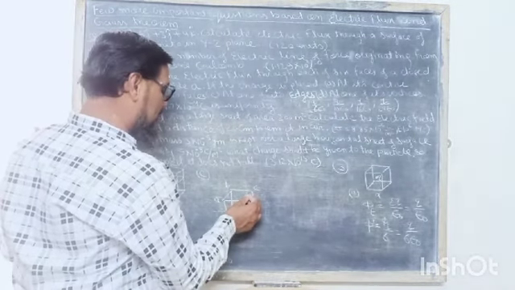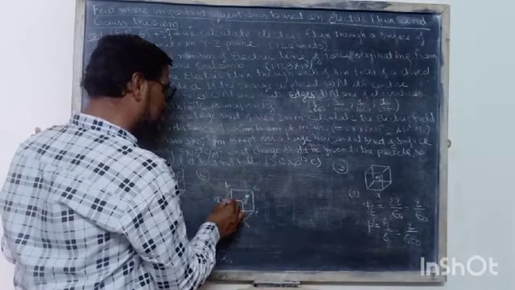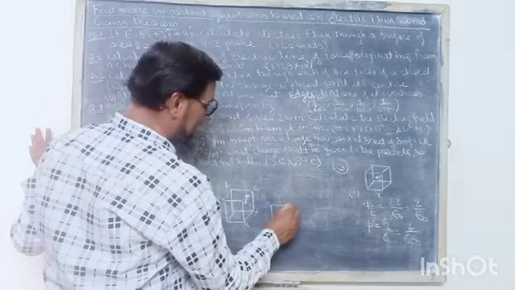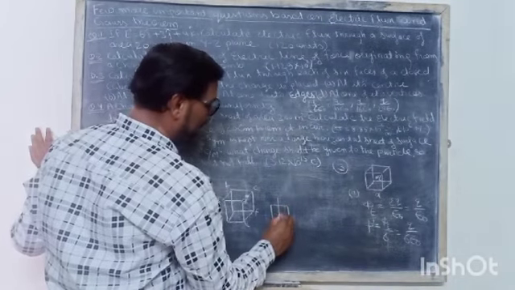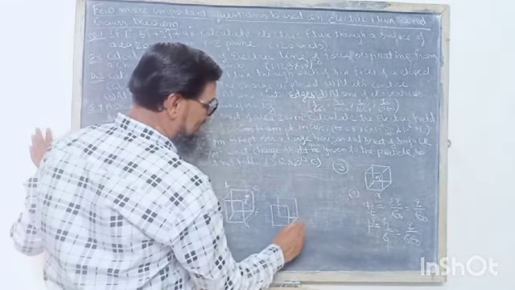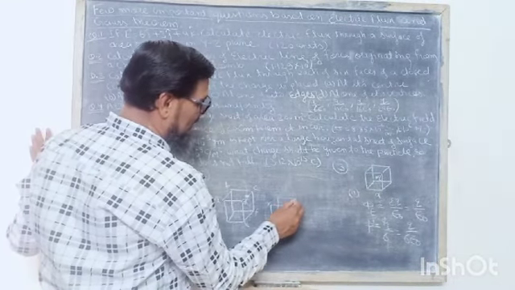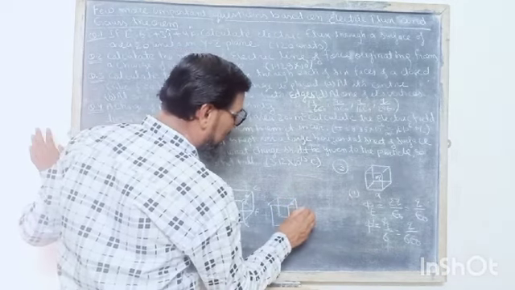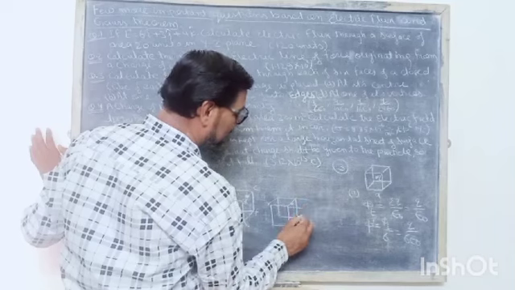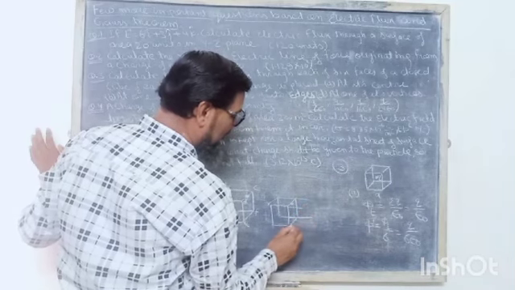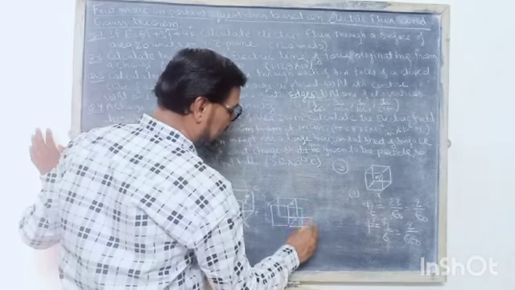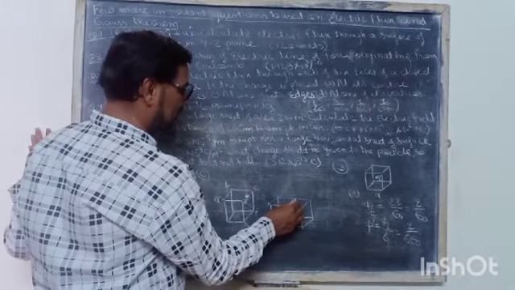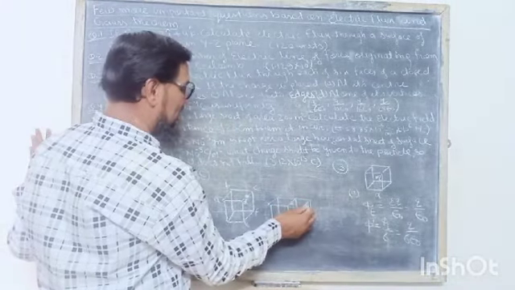So the similar method will be used. First of all, we cover this charge completely by the 4 cubes. This is a cube given to us, and this is the charge. To cover this charge, we imagine another cube here. Similarly, now this charge is covered from this side.